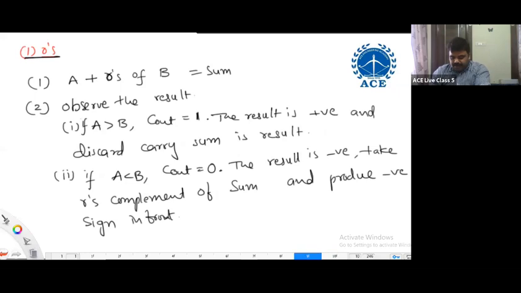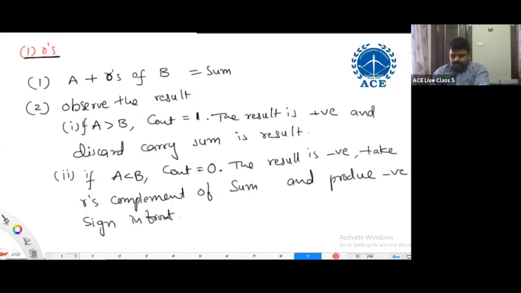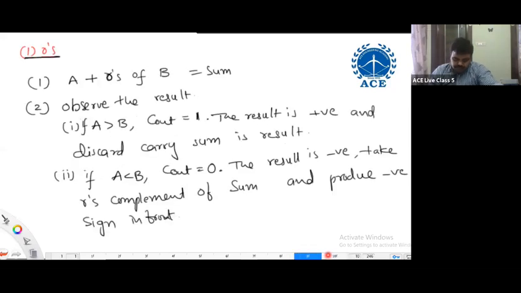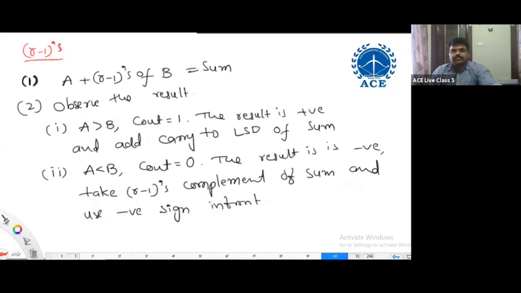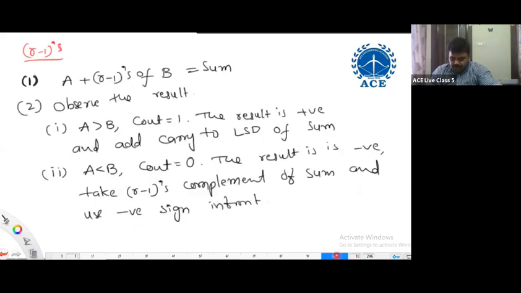R's complement method, R minus 1's complement. Go through these steps correctly. Follow that.